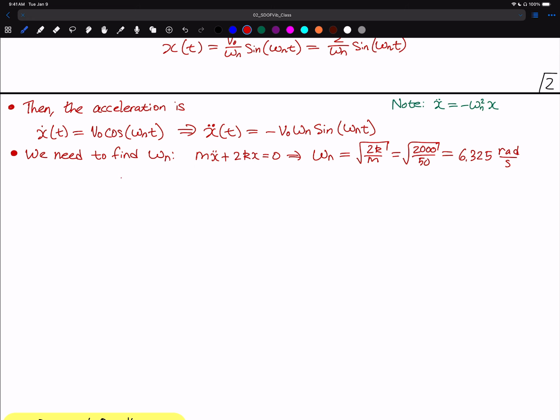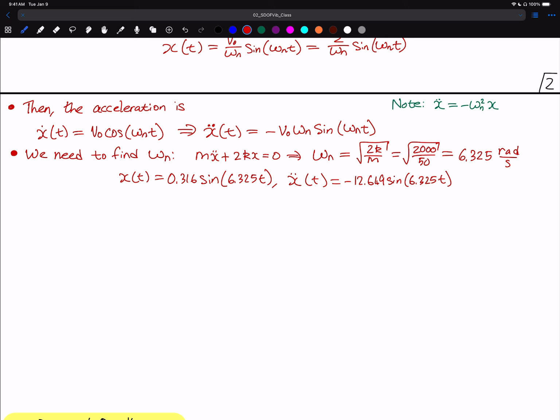And as a result, we then can write out that x of t is equal to 0.316 times the sine of 6.325 t, and x double dot of t is equal to minus 12.649 times the sine of 6.325 t.